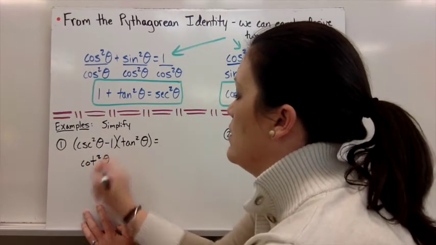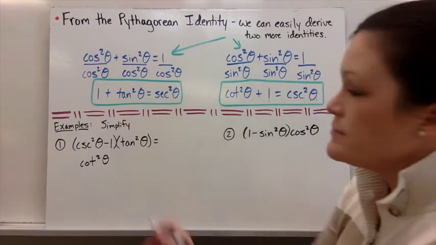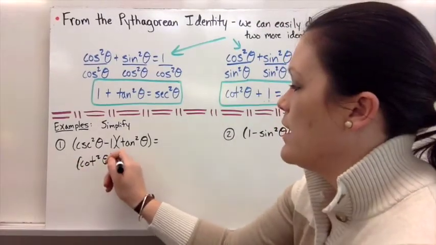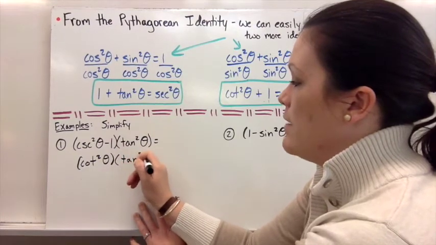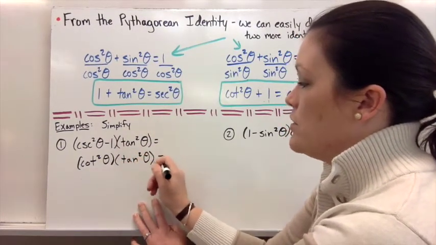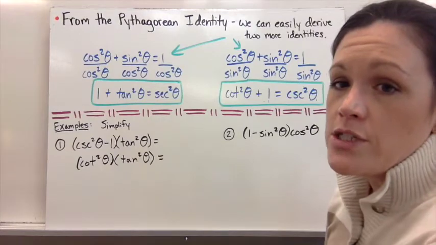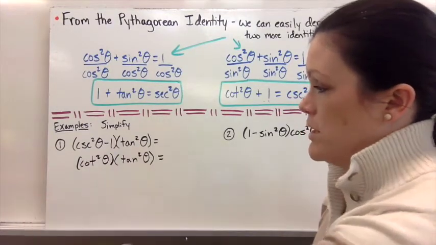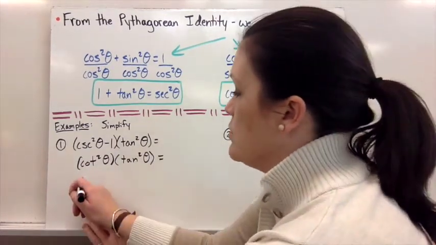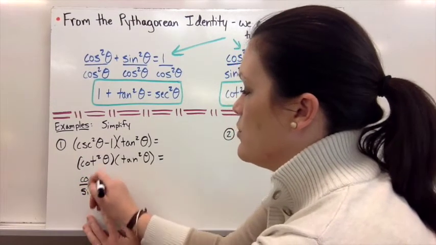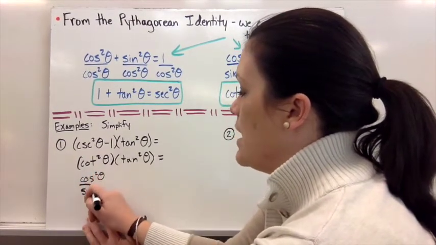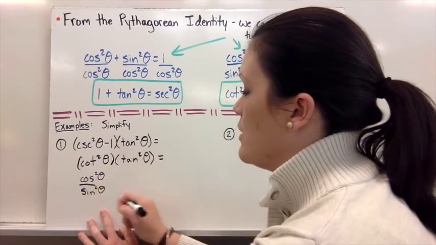squared theta. So I'm going to replace it. So then I bring down tangent squared theta in my next step, and then I'm going to replace each one of those with what they are equivalent to. So like on the first board we looked at, the cotangent is equal to the cosine over the sine. If it's squared, it just means that the cosine and the sine are now squared.